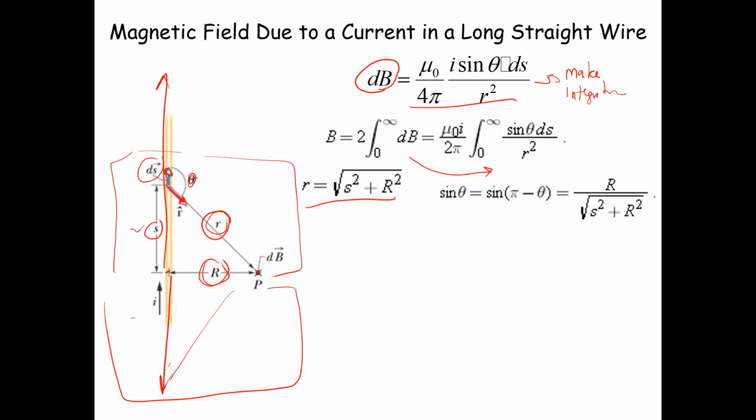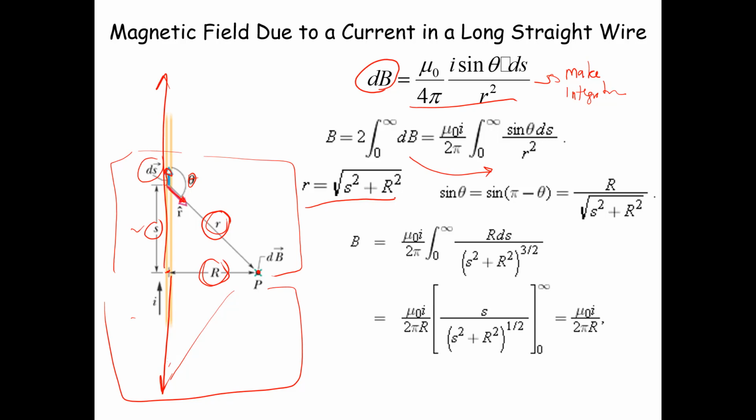Sin theta is equal to sin of pi minus theta. It's like mathematics in senior high school. So it's equal to R per square root of s squared plus R squared. So we can use these equations to replace the sin theta here.